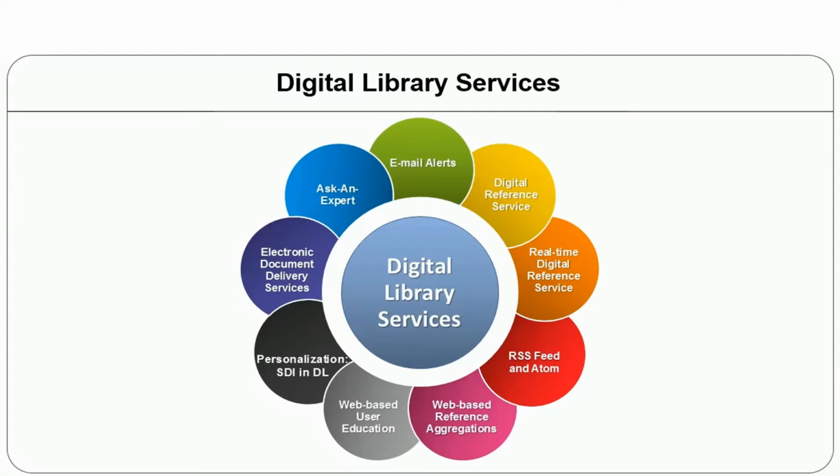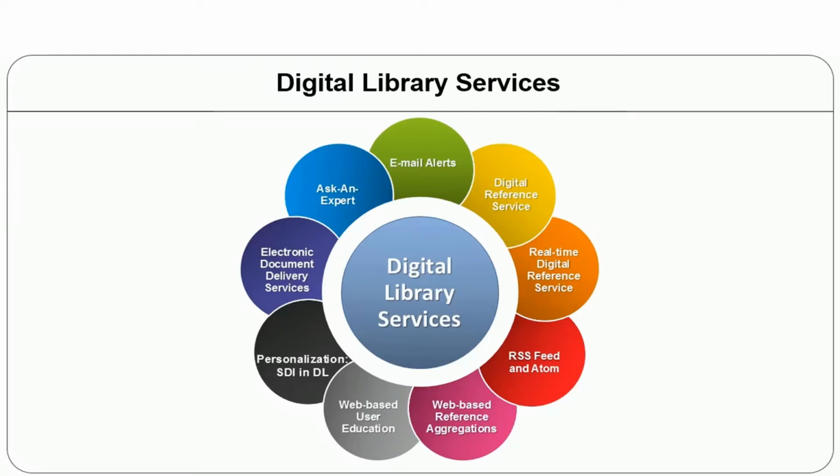Ray Tomlinson invented email. Since then, all our communications are centered over email. So the email alert service is something which is very unique in a digital library compared to the traditional library. Any new book comes or new services are launched, or if there is any program or awareness, we can send it through email alerts. So email alerts will go to every user at one time.